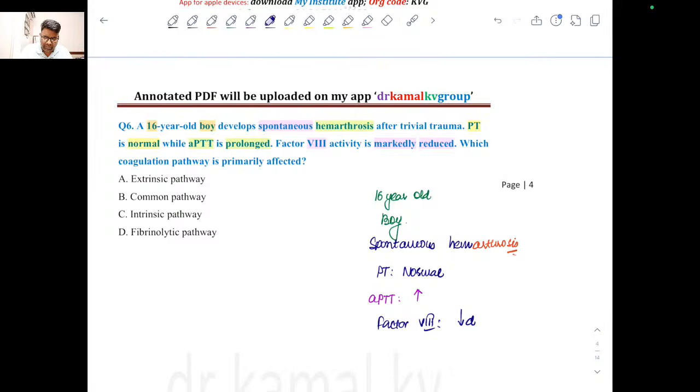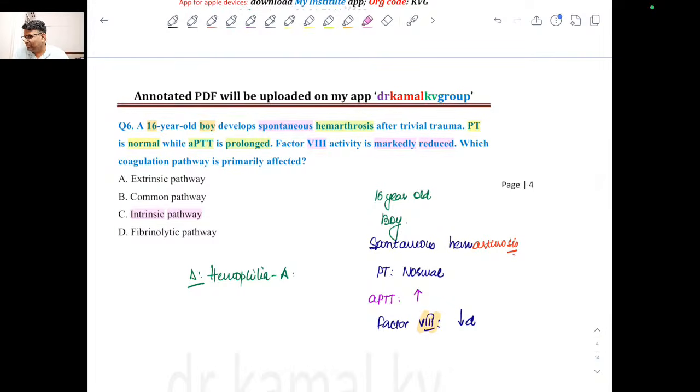So yes, this is a classical case of hemophilia A, right? And factor VIII is a part of the intrinsic pathway of coagulation, right?